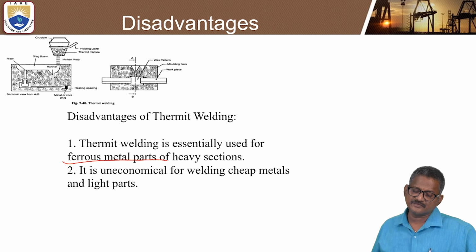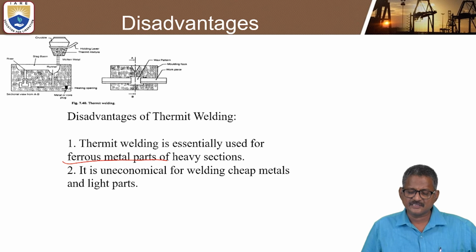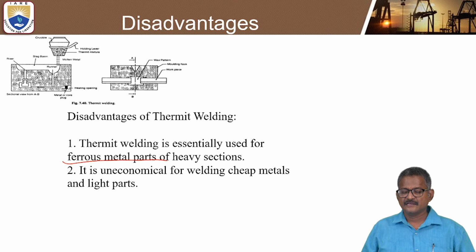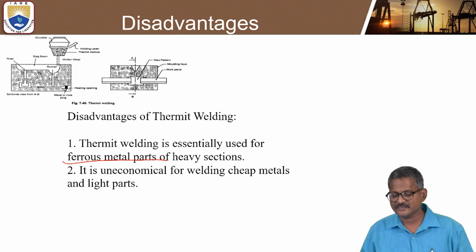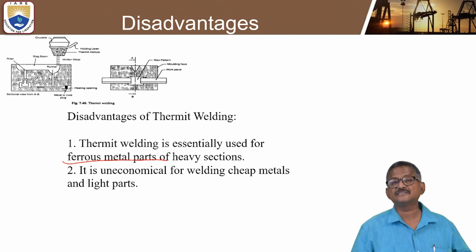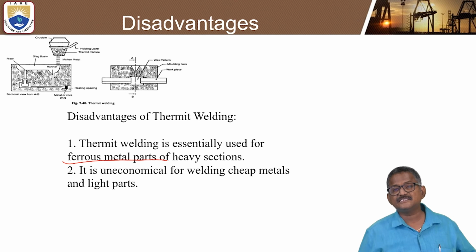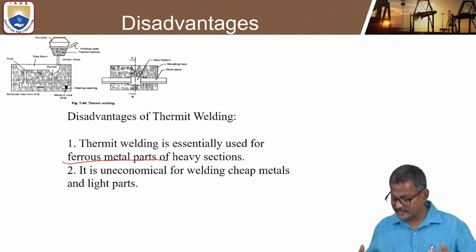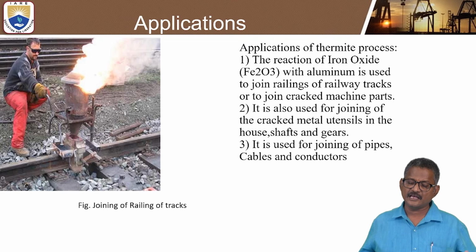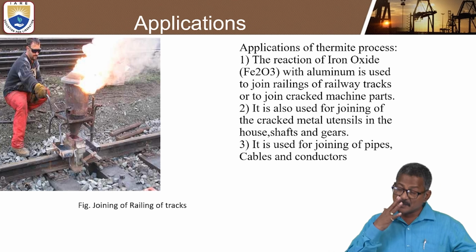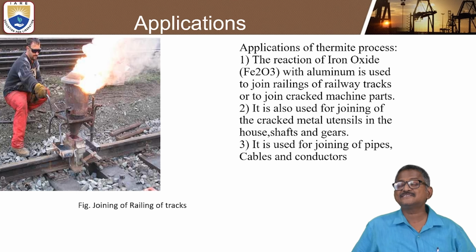Okay, so this is about the advantages of thermite welding, and it is used for ferrous metals of heavy sections, and it is also uneconomical for welding cheap metals and light parts. Okay, and as far as this subject is concerned, applications have the major role.